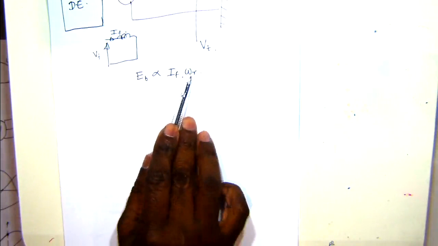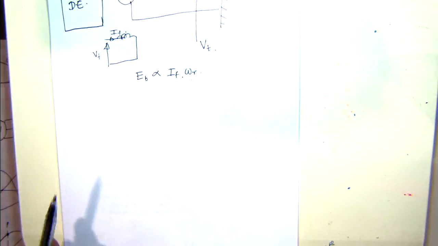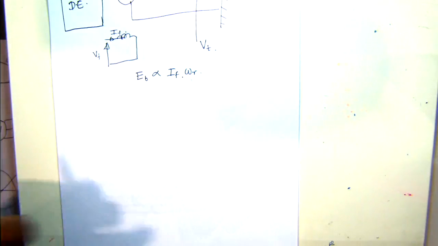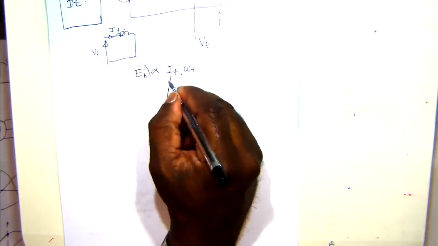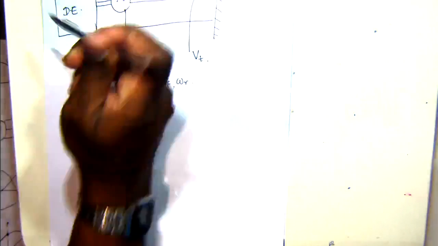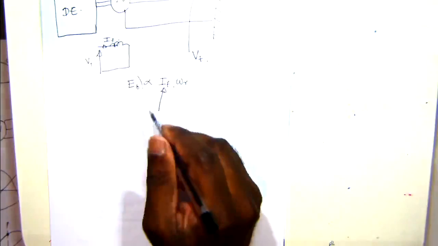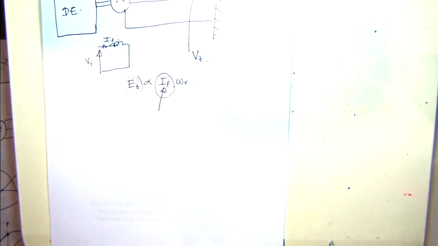The speed is pretty much fixed because you've synchronized it to the grid, so it's running at 50 Hertz. So you can control the excitation voltage by changing IF. Those are the two parameters that you can change in the synchronous generator and prime mover system: the fuel input into the system and the excitation field current.